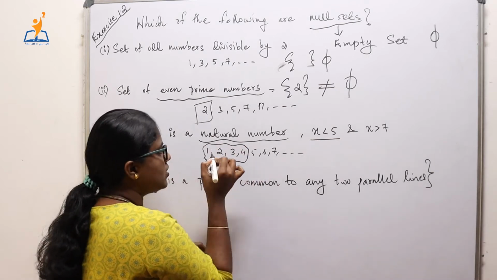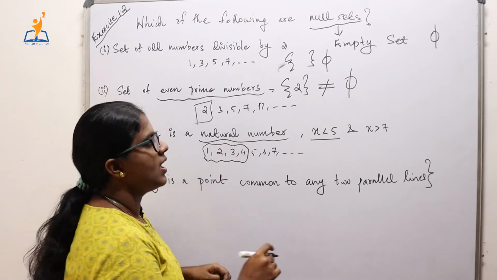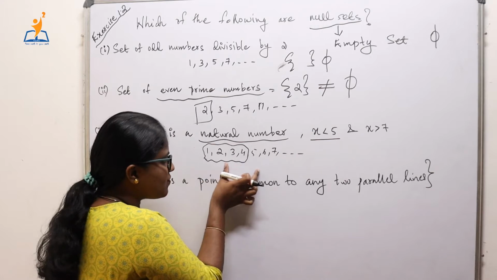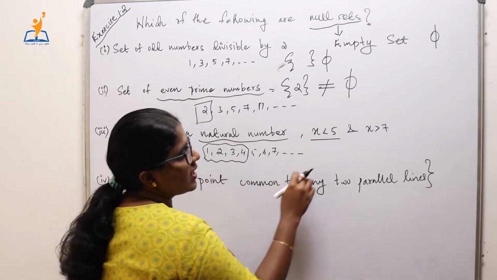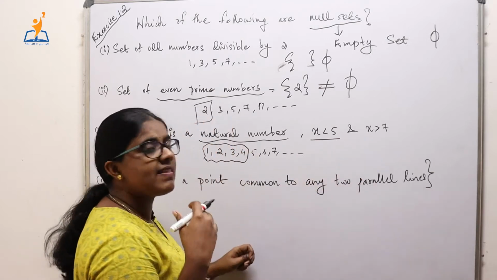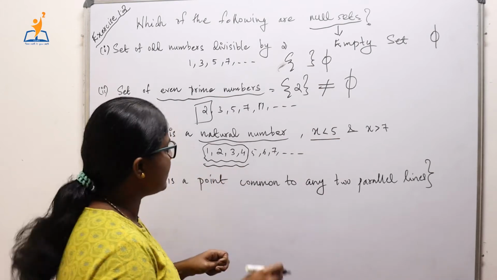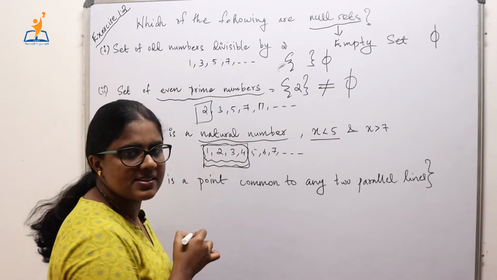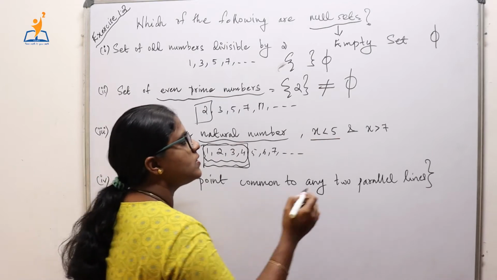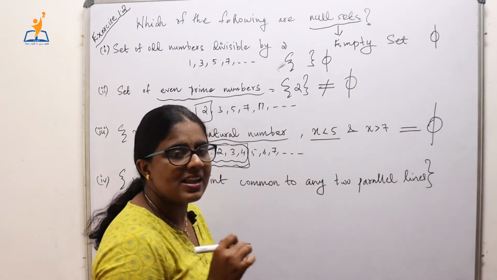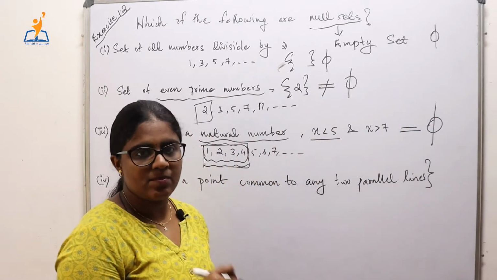They are 1, 2, 3 and 4. And these four numbers should also satisfy one more condition, that is x greater than 7. Are these numbers greater than 7? No. So this set contains no elements, that is, this is a null set or an empty set.